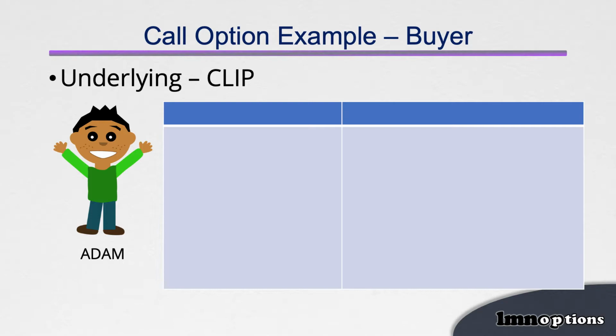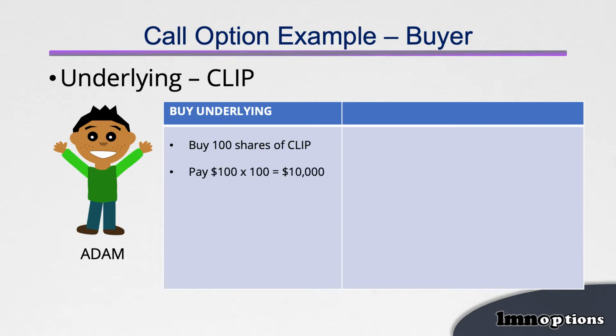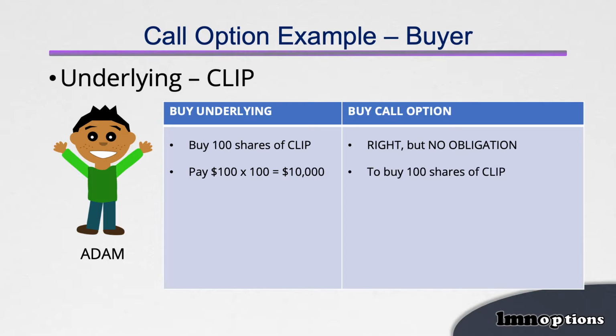So one thing Adam can do is just to buy 100 shares of the underlying, and at the current price of $100, he would be paying $10,000 for his investment. And then he can just hold the shares. Alternatively, Adam can buy a call option, and this would give him the right, but not the obligation, to buy 100 shares of Clip at the exercise price of $100 by the expiration date.